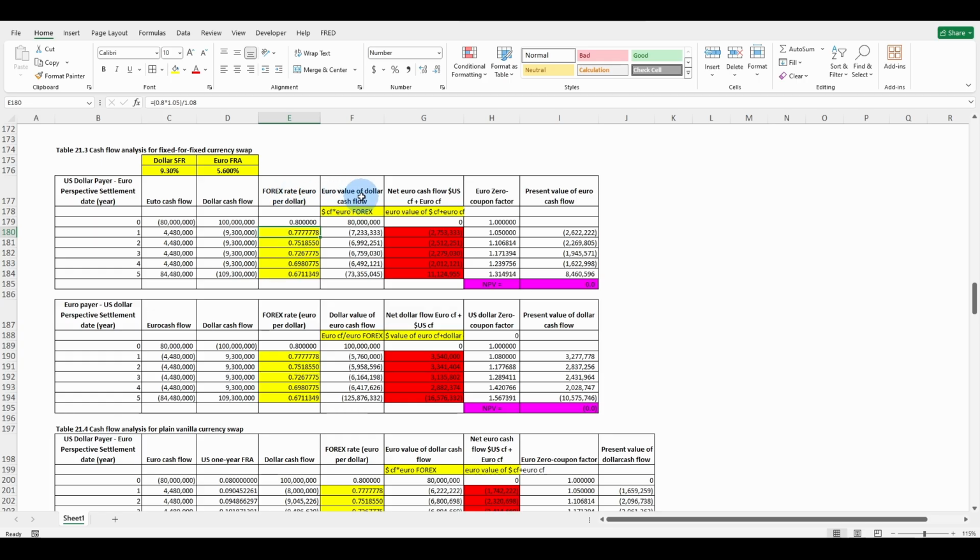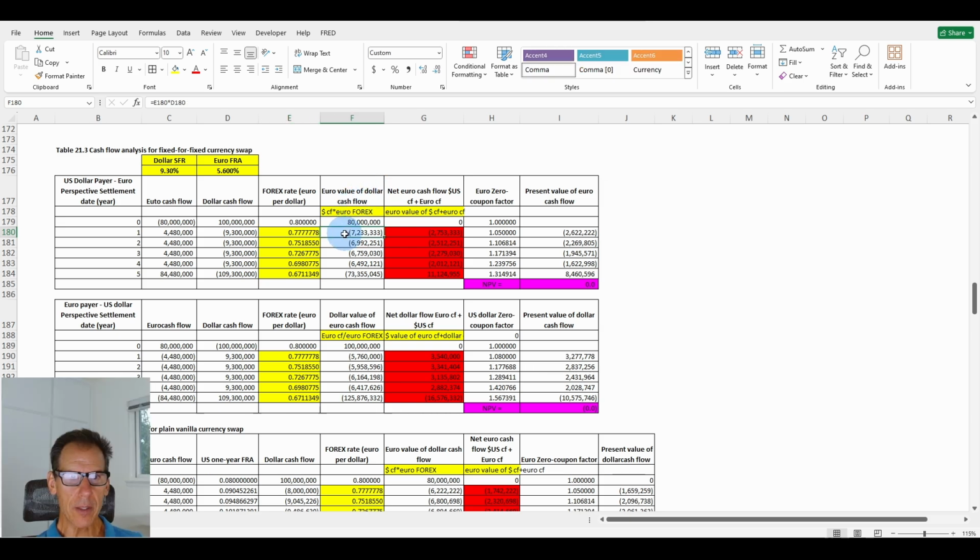Then we have the euro value of dollar cash flow. All we're doing is taking E80, times D, which is just dollars discounted. Then we have euro cash flow, US cash flow, plus, all we're doing is adding F180 plus C180, and that'll give us the number here.